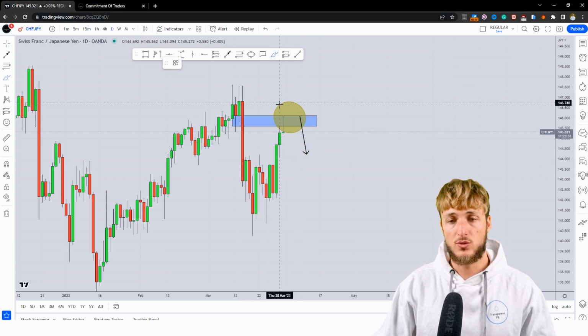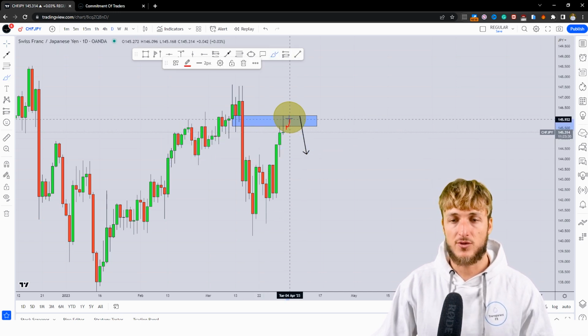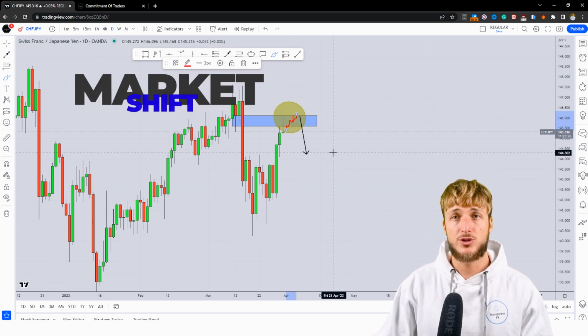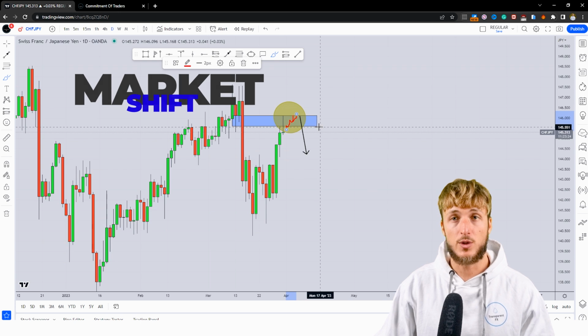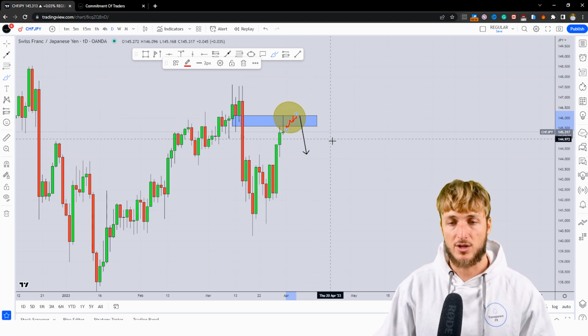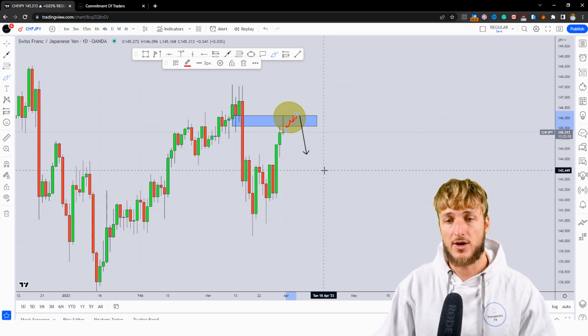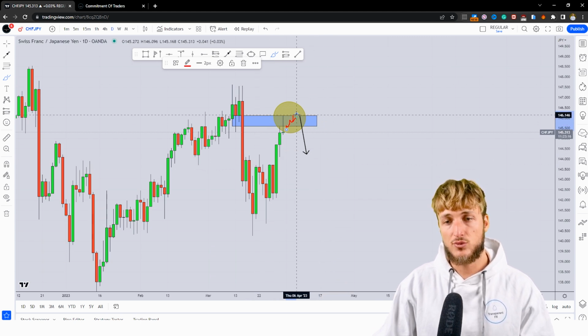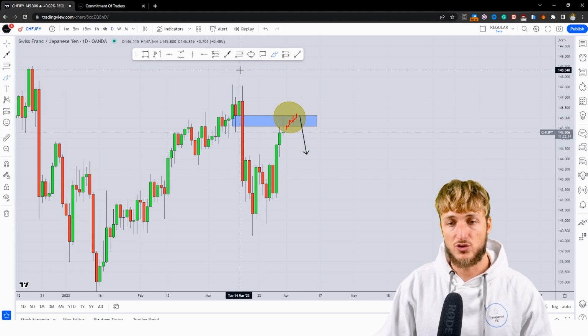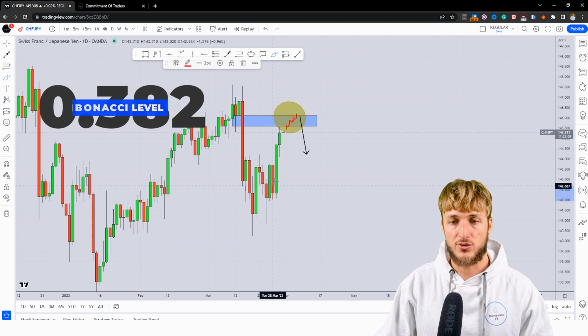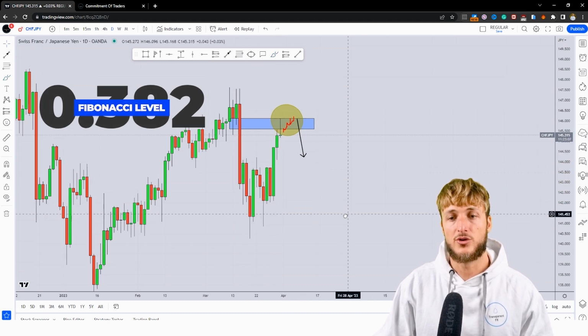Therefore, what we could be doing is monitoring price action from an intraday perspective during this move to the upside, waiting for the market to shift from an intraday bullish market as we would have to an intraday bearish market. And if the market would shift from an intraday bullish to a bearish market and provide to us one of our valid entries at that point, we could be looking for a potential rejection to the downside for the market to retrace at least to the 0.32 of the Fibonacci taken on this daily impulse.